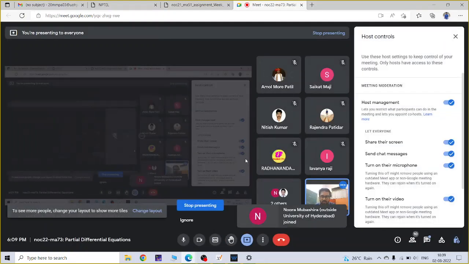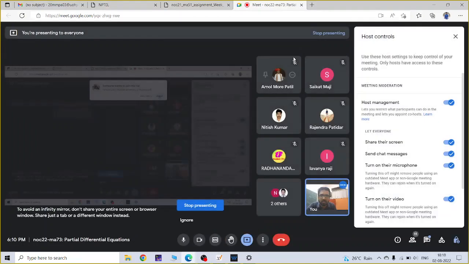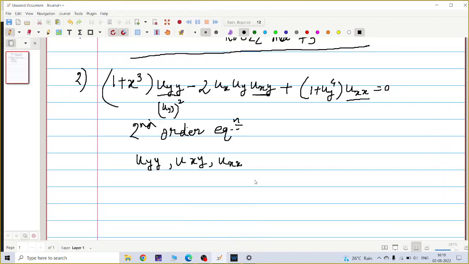Again, I have to admit a student. So the highest order derivatives are uxx, uxy and uyy, and they all appear linearly. Sorry for the inconvenience, I have to admit people every time.